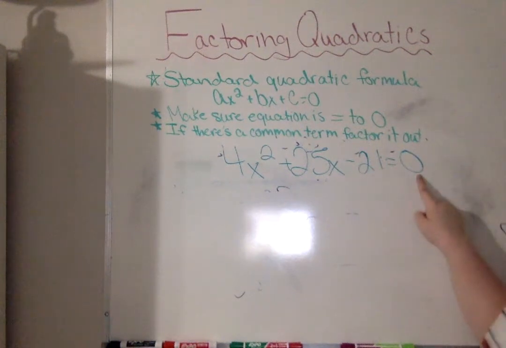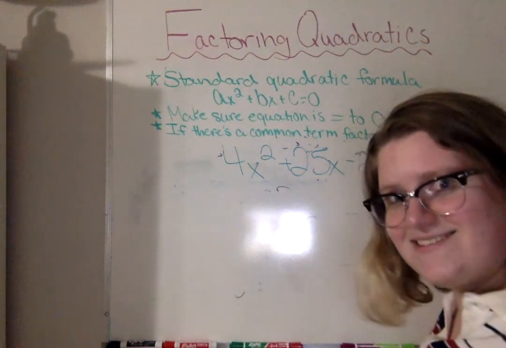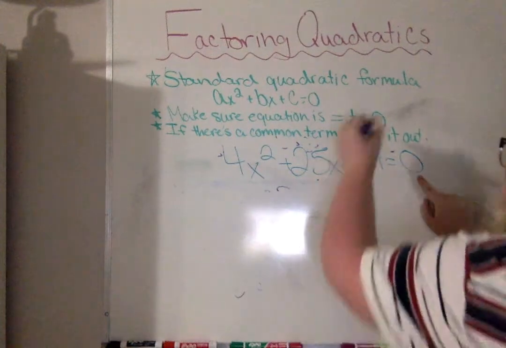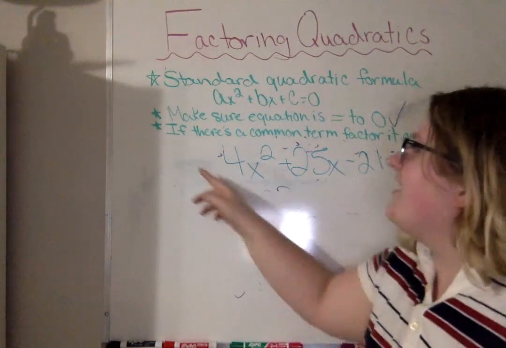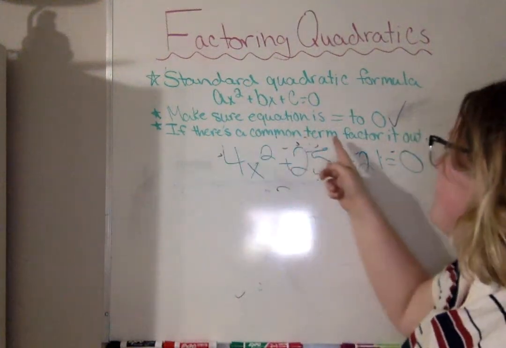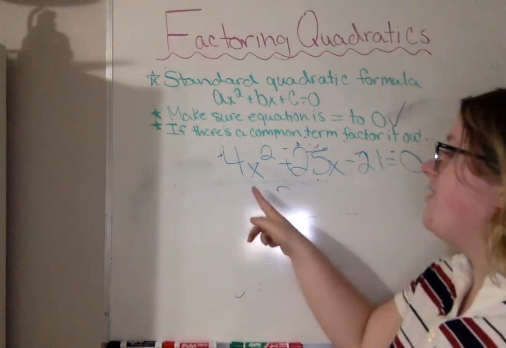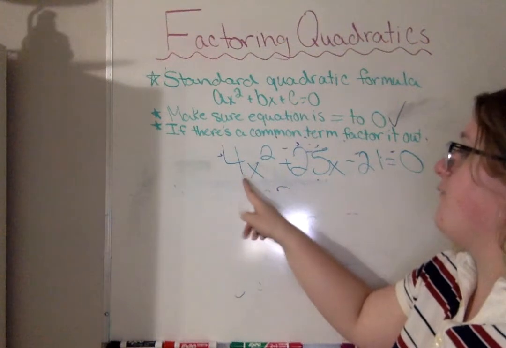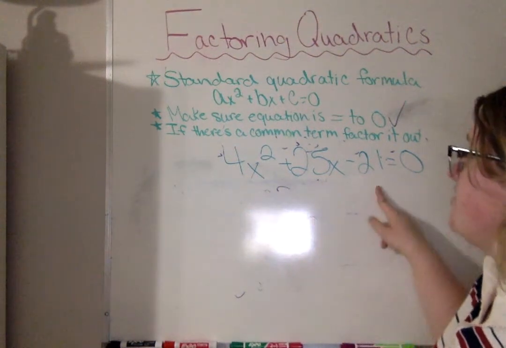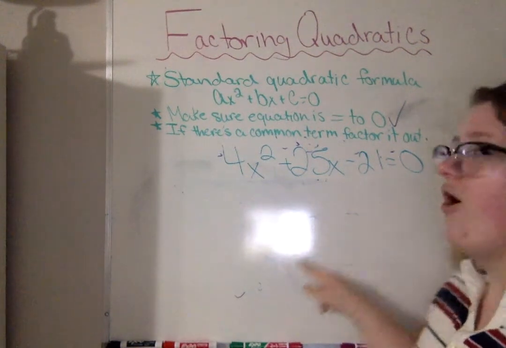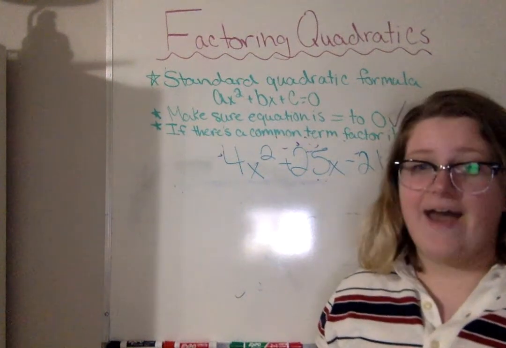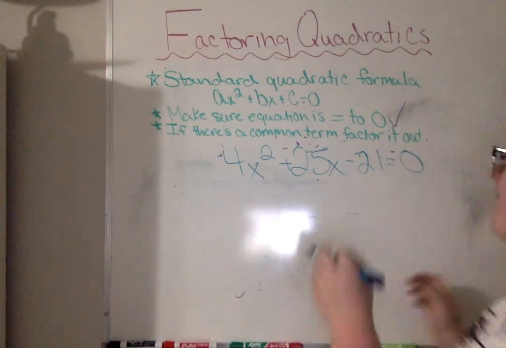And looky right there, it is, so we'll give that a check. And then, if there's a common term, we need to factor it out. Now, to my knowledge, I don't know a common term that goes into 4, 25, and 21, so we can't do that, and we need to continue solving it normally.